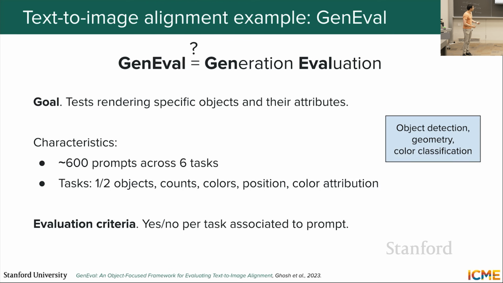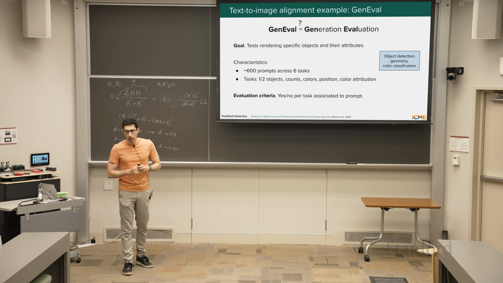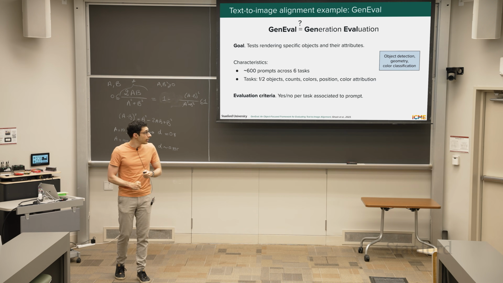So this is where GenEval, one possible benchmark, comes to mind, where you have 6 tasks of increasing difficulty that talk about objects, like counting of objects, colors of objects, and relative position, as well as attribution of colors.